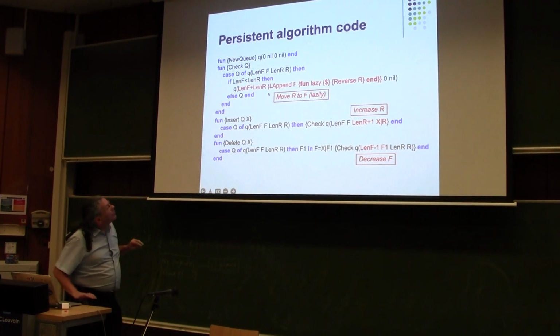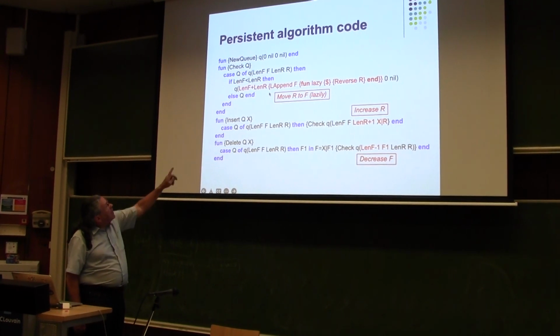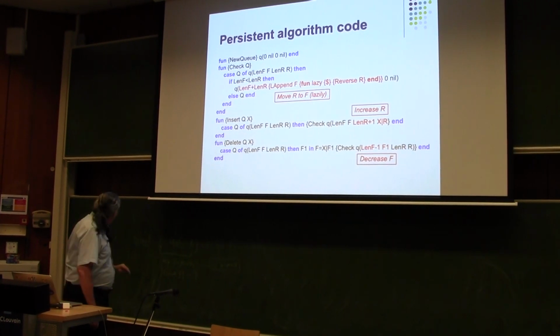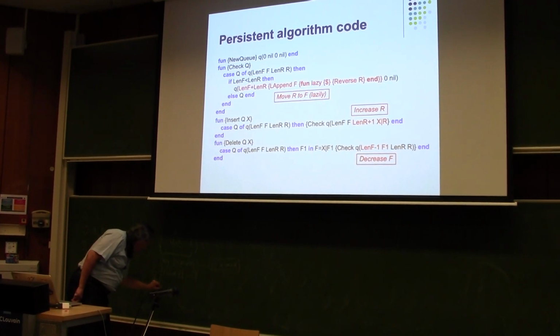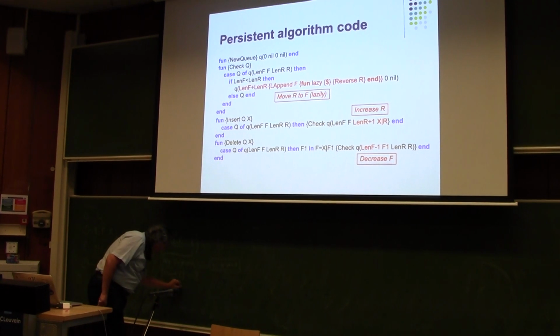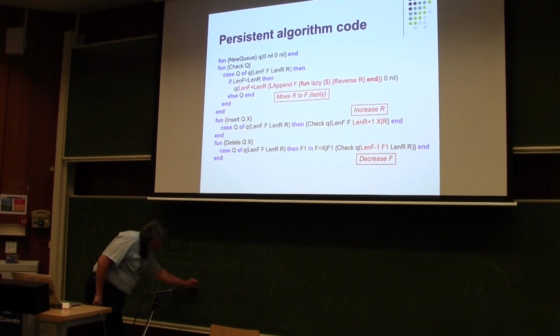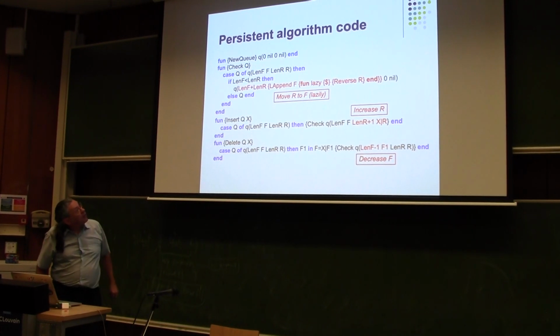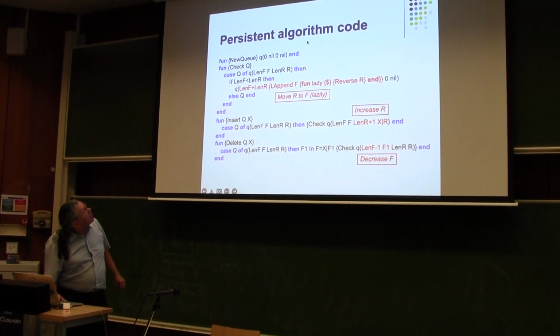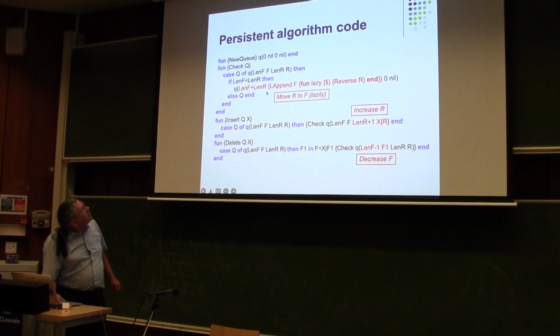Notice that I'm doing append of F and reverse R. That's what it's doing, and that is the new F. And the new R will be nil. But I'm doing it lazily. So I have a lazy append of F with reverse R.